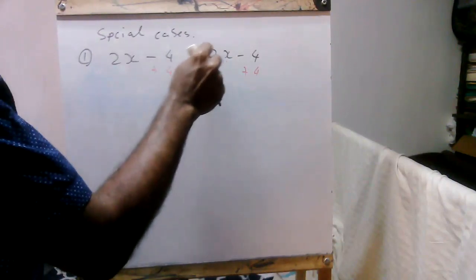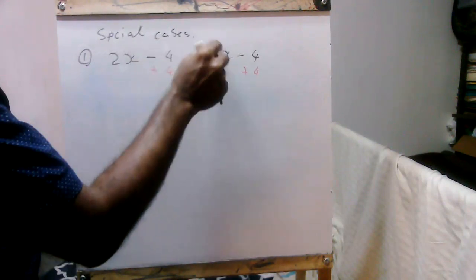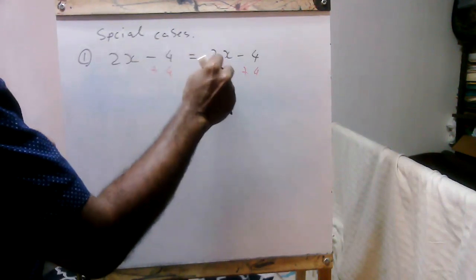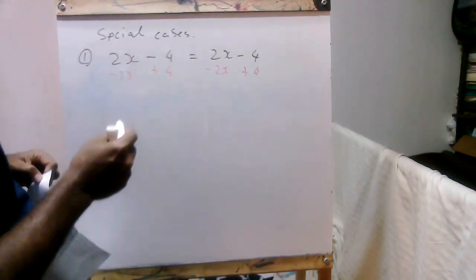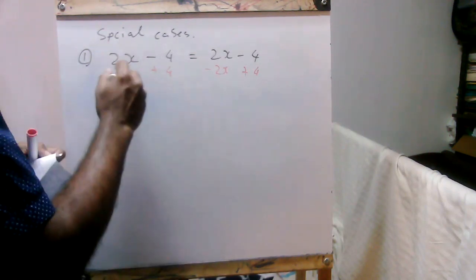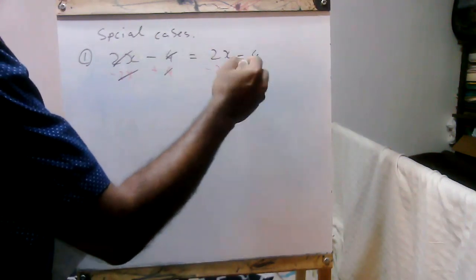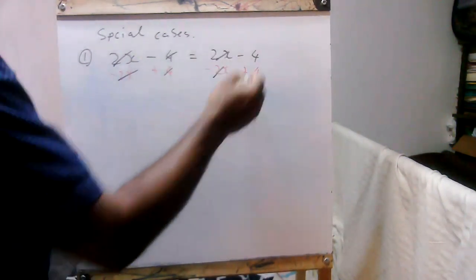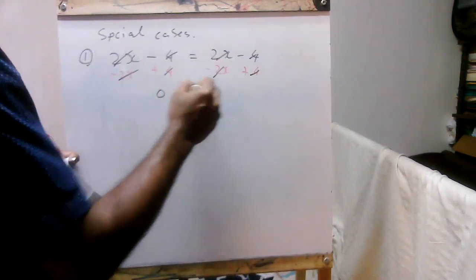Then we don't want to get rid of this 2x, we want to get rid of this 2x because it's on the right side. So minus 2x, minus 2x. Then what happened? Then everything cancels out. Then we get 0 equal to 0.